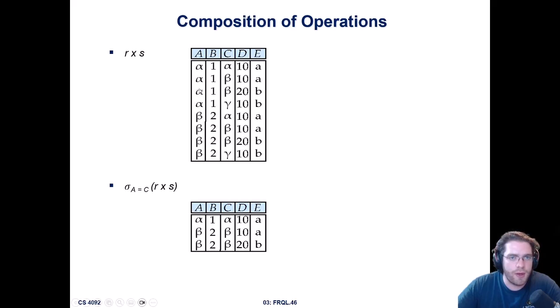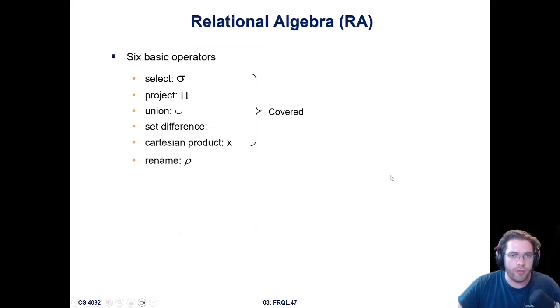So we get the first one down: A equal to C with B2, B10A, B2, B10A. A equal to C beneath that one, B2, B20B. Okay, so we get the outcome there. Again, you can do the composition of operations not with just a project into a selection, but you could also do project into a selection into a Cartesian product. So it can get very complex, but essentially this is the basis of our query languages.